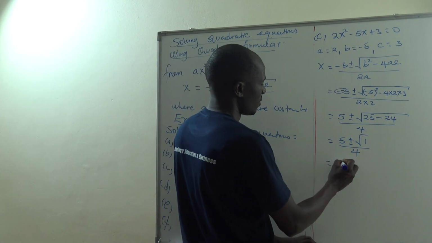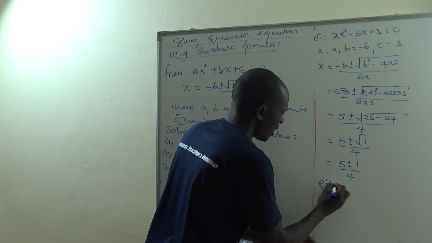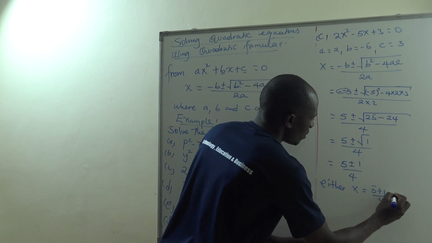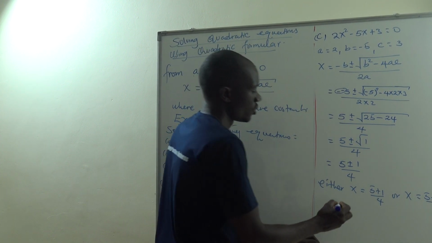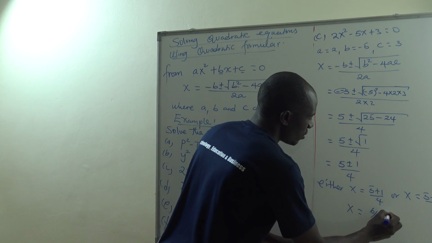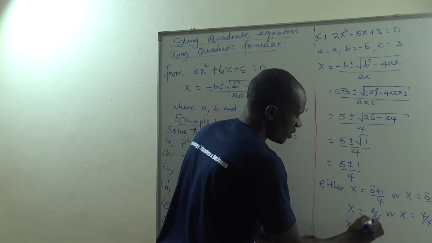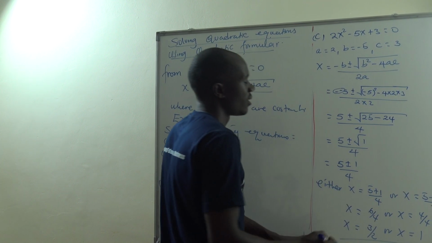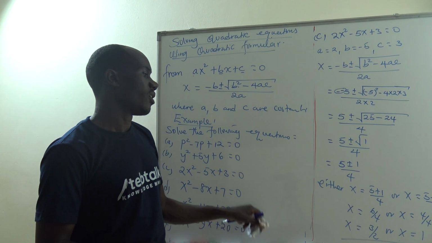So this becomes 5 plus or minus 1, all over 4. We shall say either x equals 5 plus 1 over 4, or x equals 5 minus 1 over 4. So x equals 6 over 4, or x equals 4 over 4. You can reduce: x equals 3 over 2, or x equals 1. Then you will have already solved your equation using the quadratic formula.